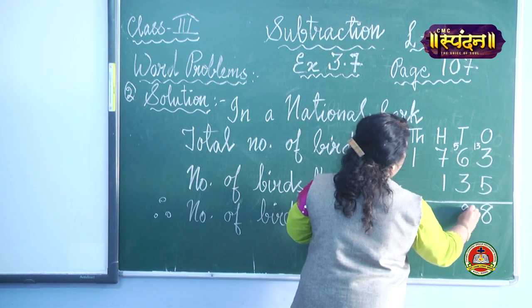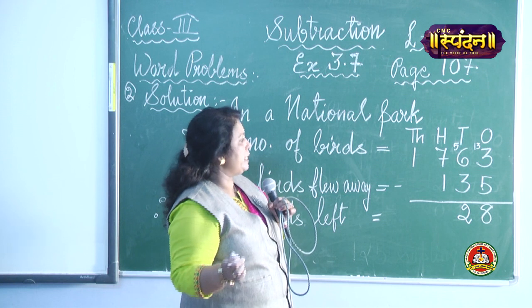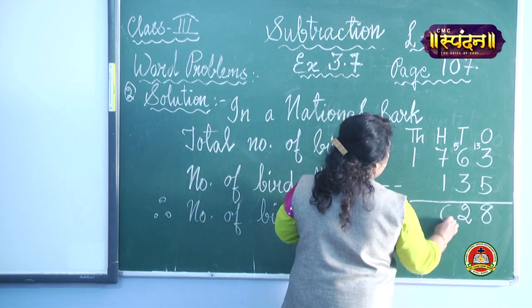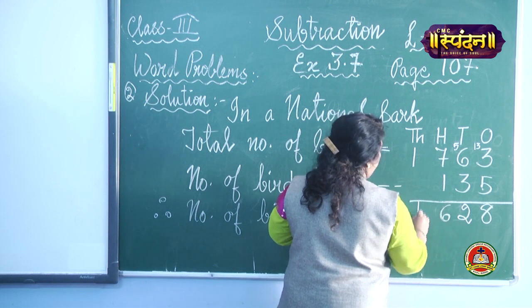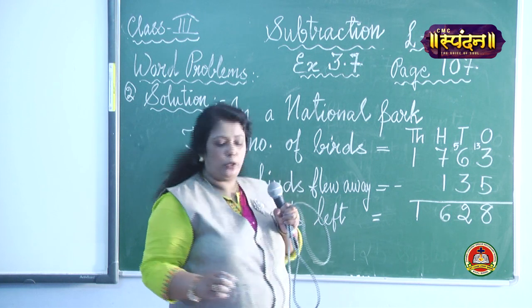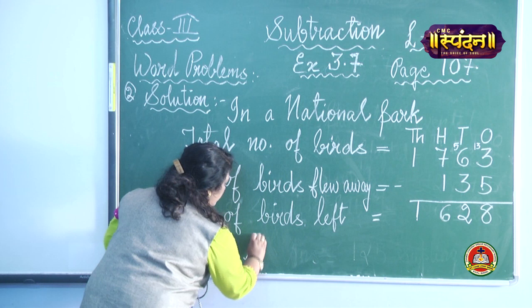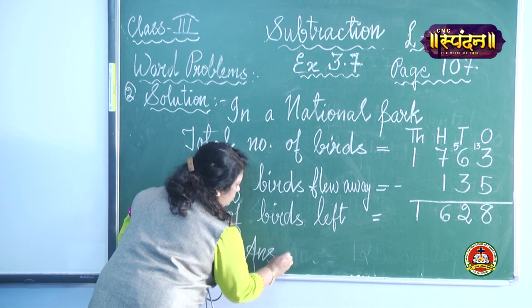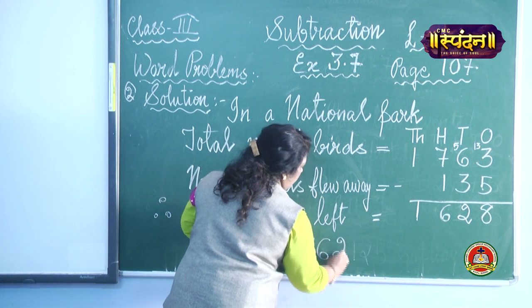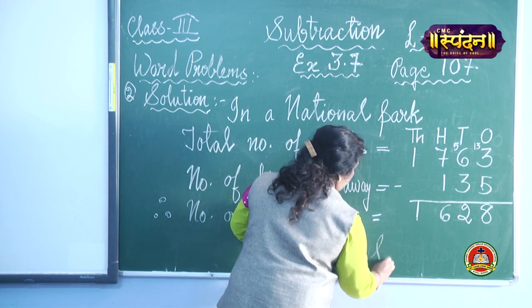Right? Here it is 7. We did not ask anything from hundreds place. So 7 minus 1, it is 6. And here it is 1. 1628. So your answer will be, answer is 1628 birds.